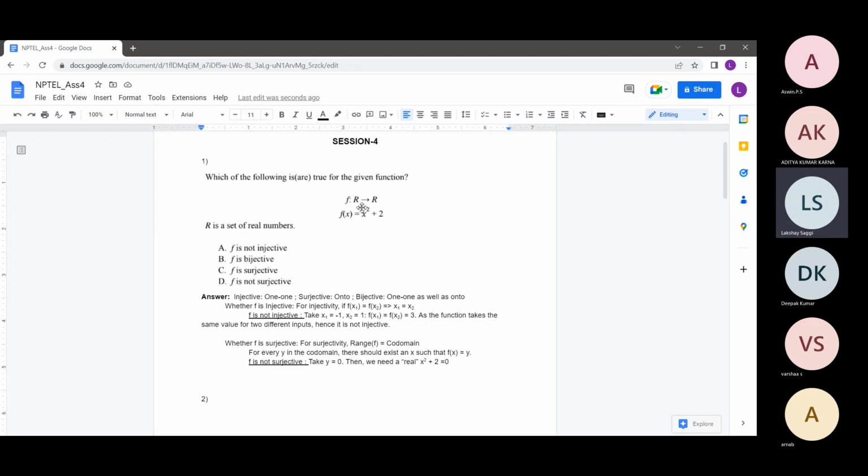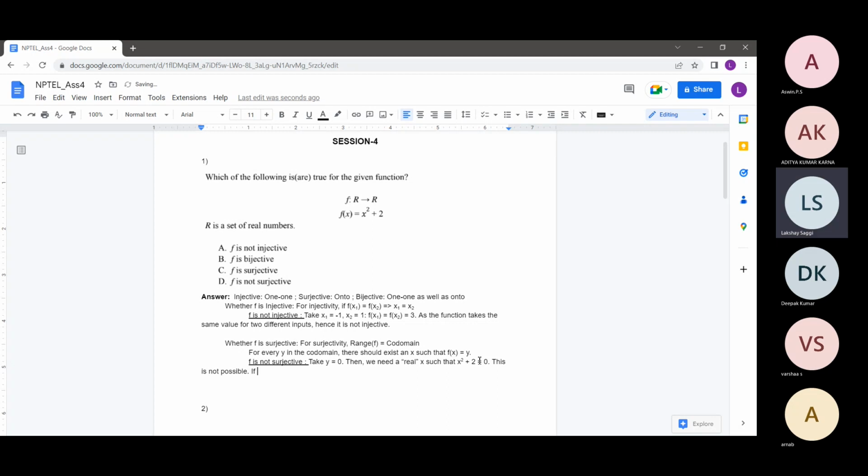But since our domain consists of real numbers only, we need a real x such that x square plus 2 is 0. Here we will not be able to get any such x. So this is not possible.